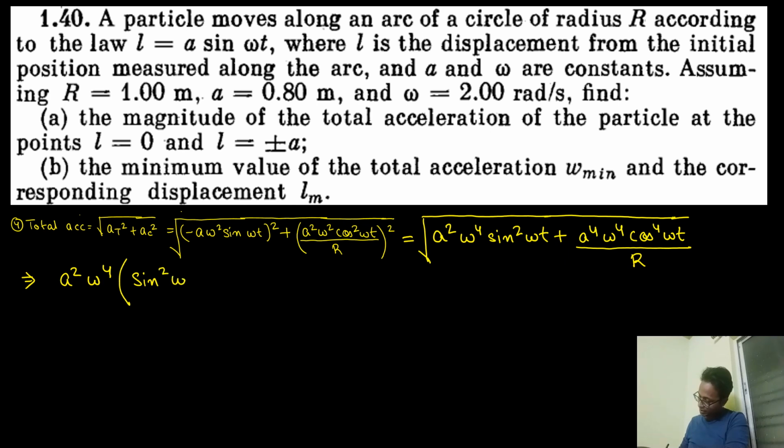Sine square omega t plus a square by r square into cos to the power 4 omega t.